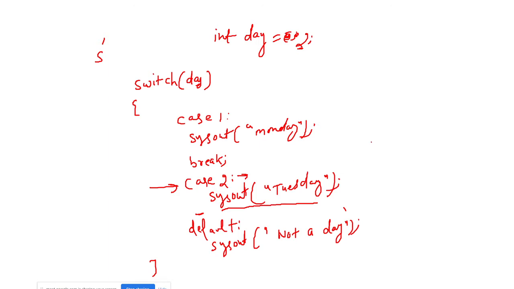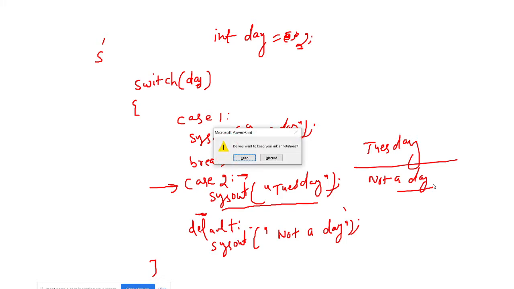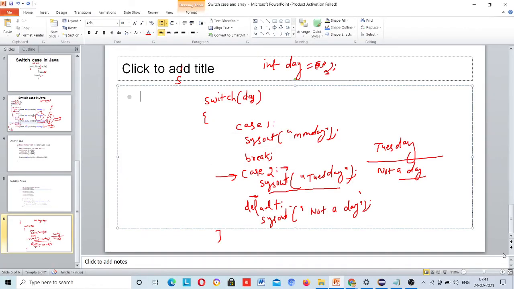So the output will be Tuesday. But there is no break used here, so it will also run our default case and the output will be not a day. I just wanted to tell you that if you are not using the break statement, it will run your other cases as well. If you are using the break statement, it will not proceed further.